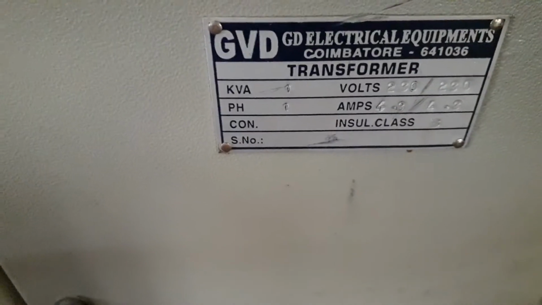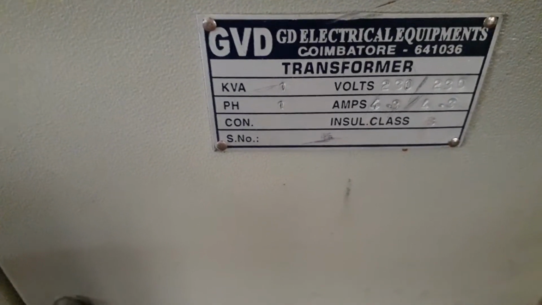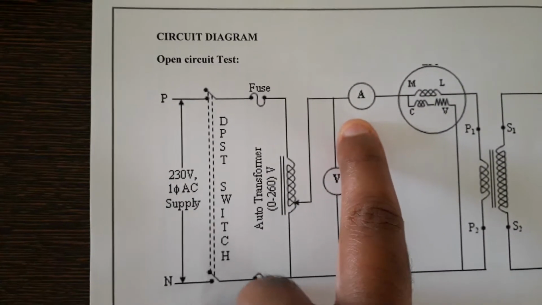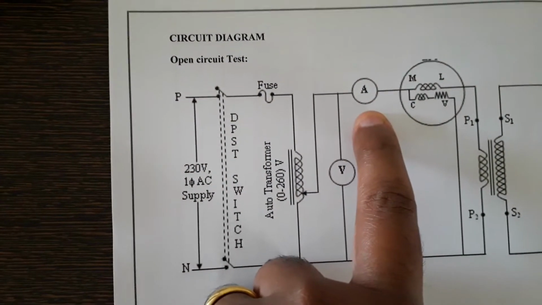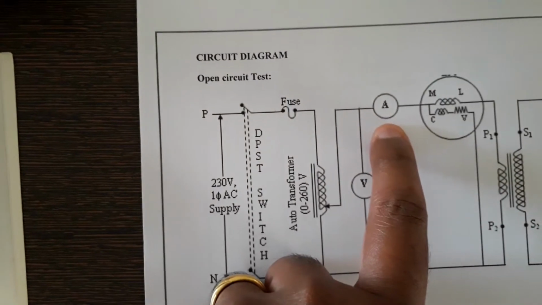The rated current of the transformer is 4.3 amperes at 230 volts. In the open circuit test we will get only a small value of current, so it is not necessary to use a 4.3 amp ammeter.